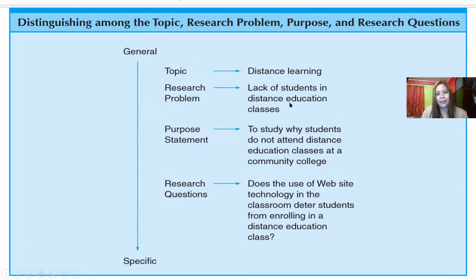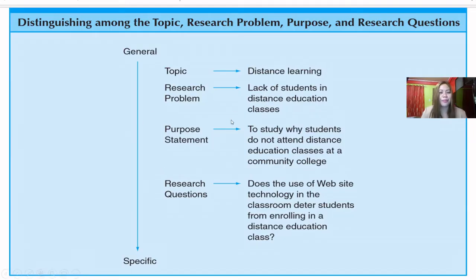You might come up with the lack of students in distance education classes. At this point, you will be thinking, why lack of students? Because everybody's undergoing distance learning. So you navigate what the specific issues and concerns are that are confronted with distance learning.